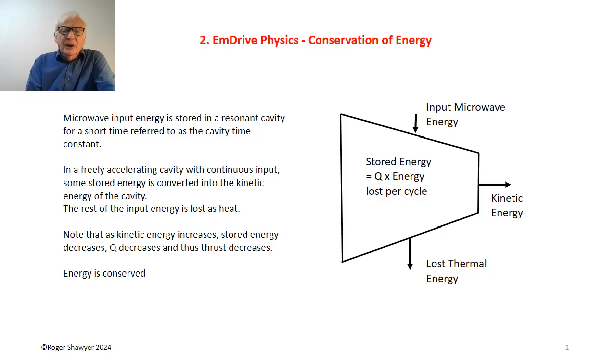And therefore, we have a mechanism which shows that as you accelerate a cavity, energy is transferred to kinetic energy, which causes the thrust to decrease. We have basically a mechanism to show that EmDrive complies with the conservation of energy.